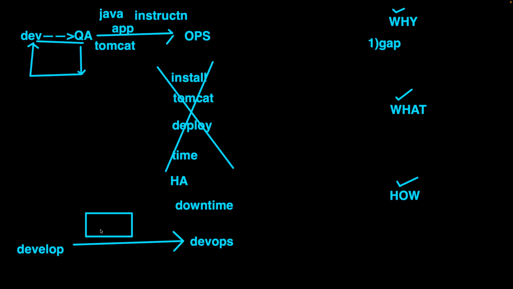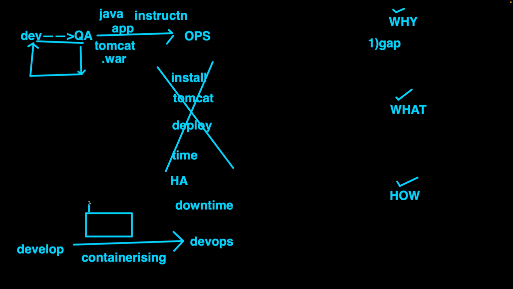In which way, if you ask me, we are going to discuss that in detail in the coming sessions, but I'll just give you a small clue. They containerize the application. They are not just handing over the application. Let's say it's a Java application. Earlier they used to simply share the WAR file.